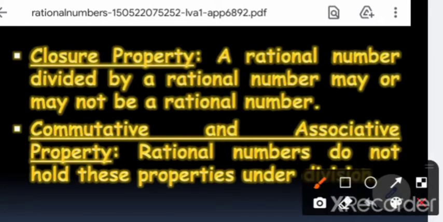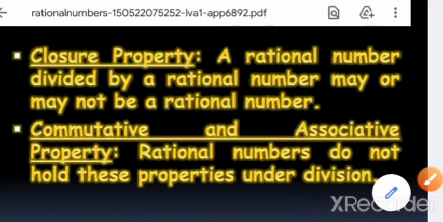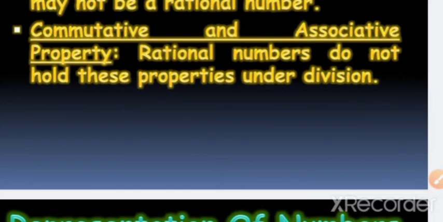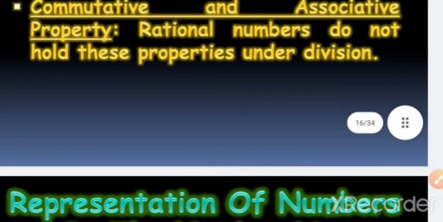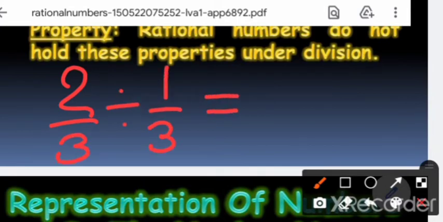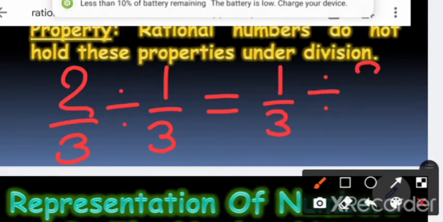So next are commutative and associative. Rational numbers do not hold these properties under division. It means if the order of two rational numbers is changed, the result will be different, since the commutative property is based on order. Like we take 2 upon 3 divided by 1 upon 3, and on the other side 1 upon 3 divided by 2 upon 3.